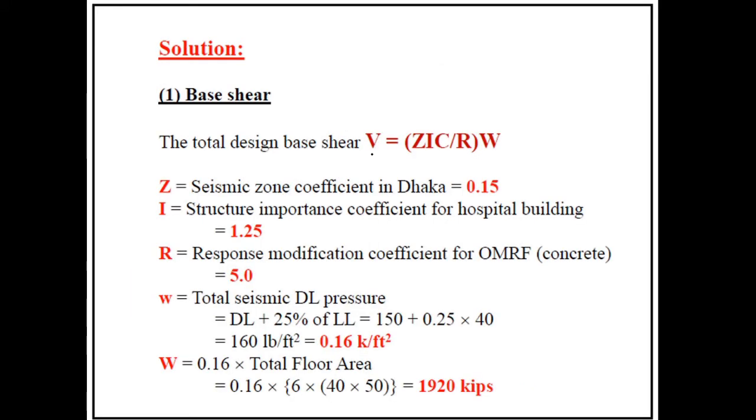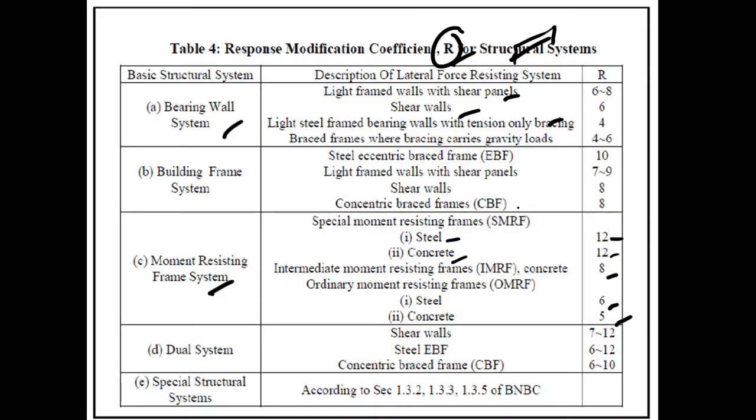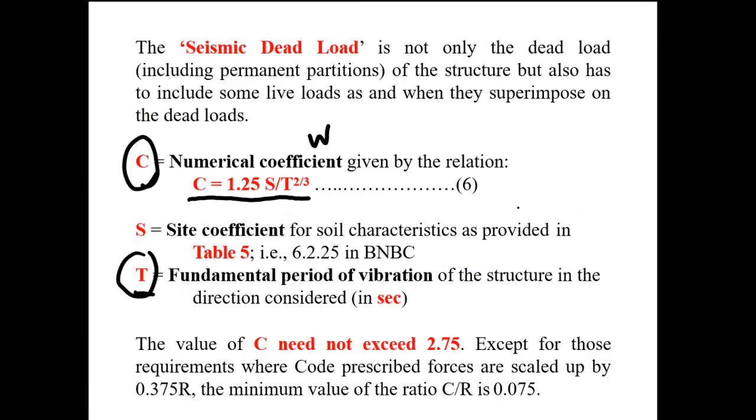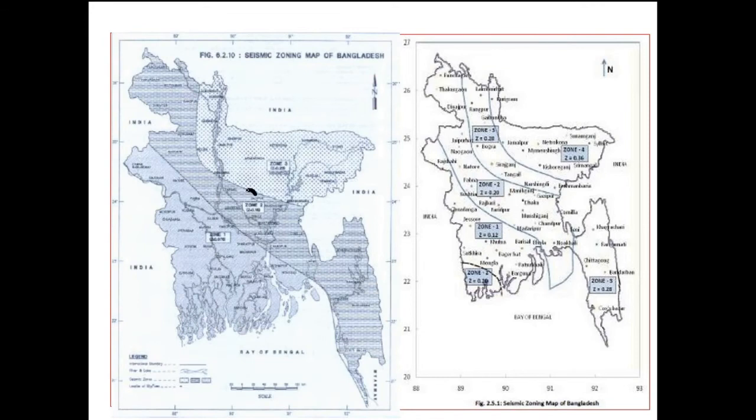Firstly, we need to calculate the base shear. V is equal to ZIC by R into W, and as it is mentioned that this building is going to be constructed in Dhaka, we know that Dhaka is in this zone.